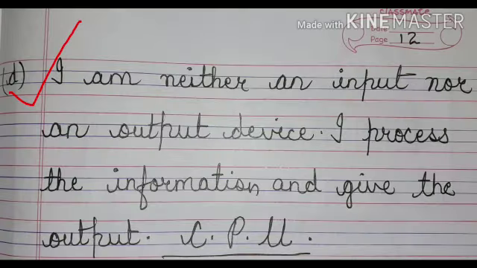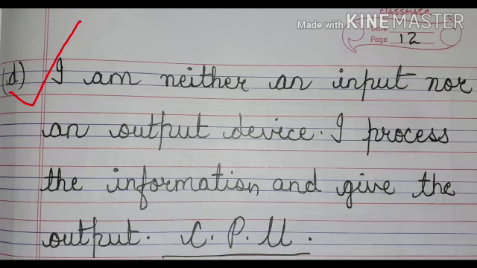Now comes the last point, that is the D point. I am neither an input nor an output device. I process the information and give the output. Children, I told you earlier also that it is neither an input nor an output device.